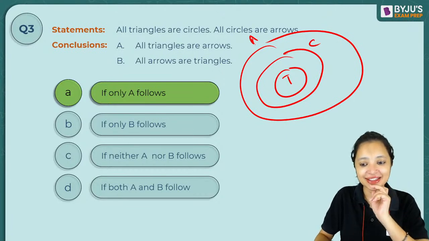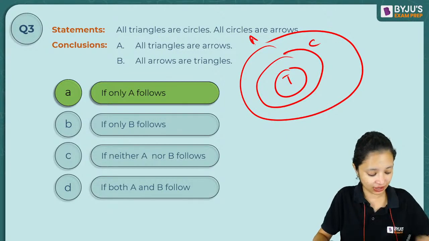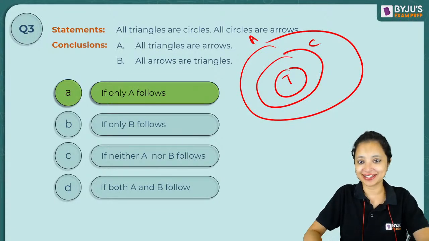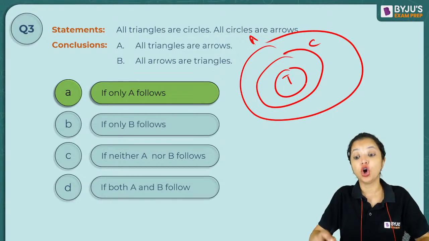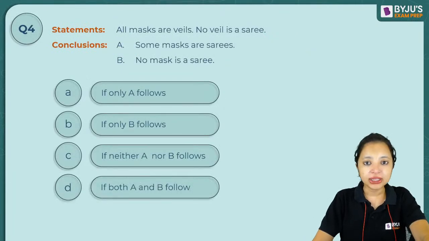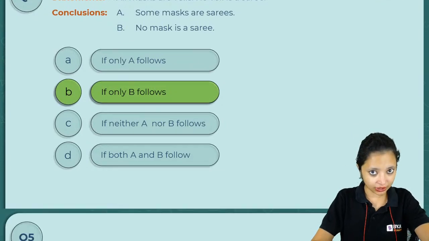Did you understand this, everyone? I hope everybody gets this one. It's only a possibility, and never mark conclusions on the basis of possibilities. Always mark them on the basis of certainty. The correct answer for the previous question was only B.